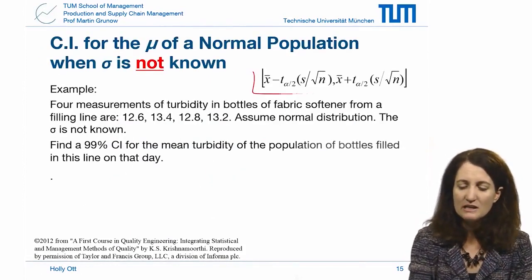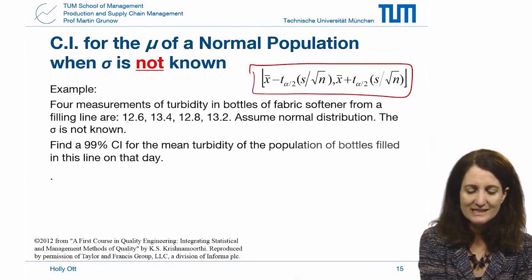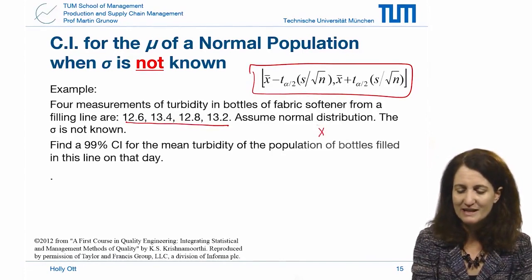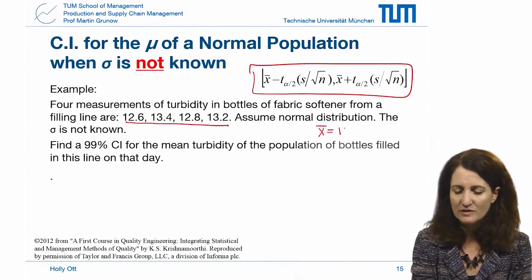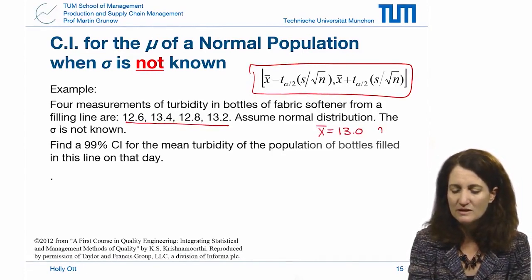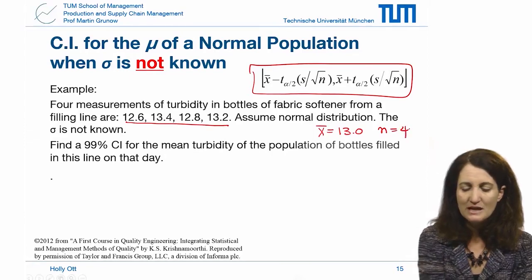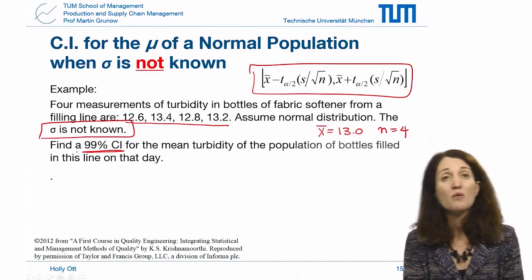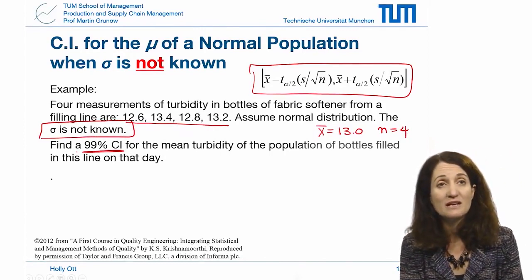We have the same 4 turbidity measurements. Remember, x bar was equal to 13.0, n is equal to 4, and sigma this time is not known.